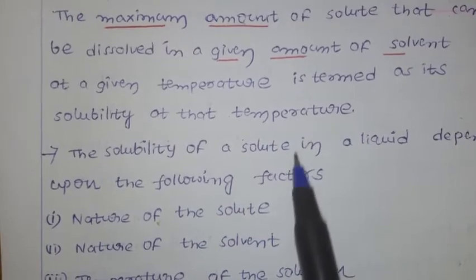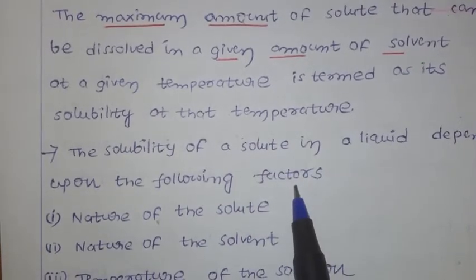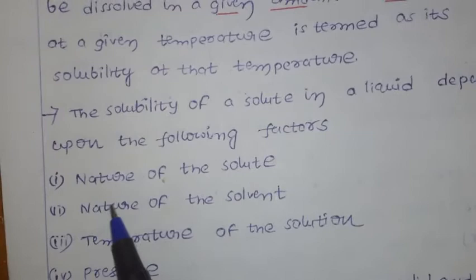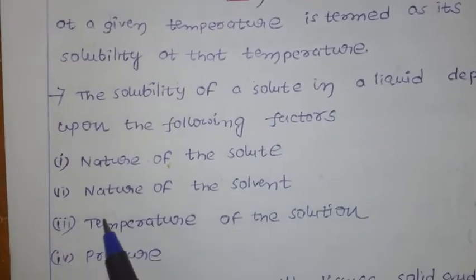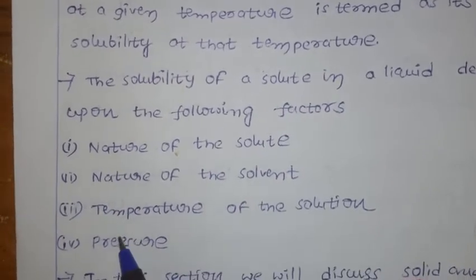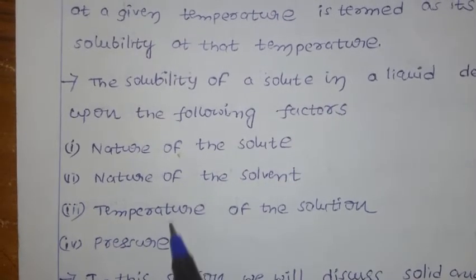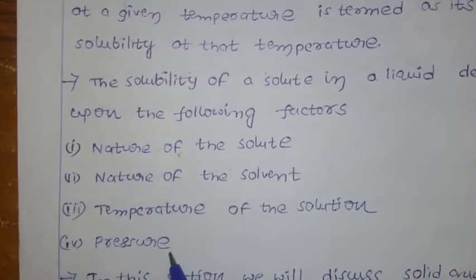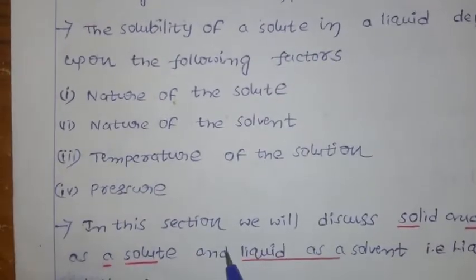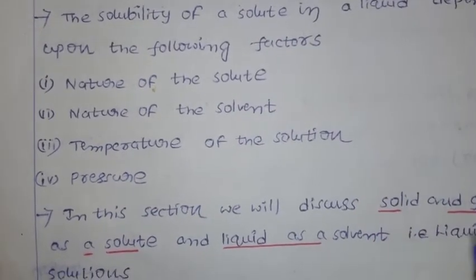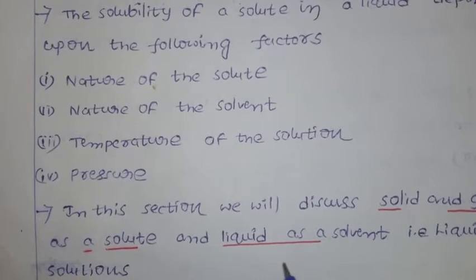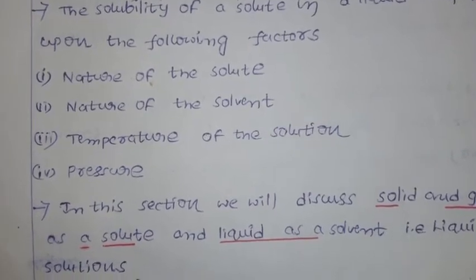Now what are the factors affecting solubility? The first one is the nature of solute, the second is the nature of solvent, the third is the temperature of the solution, and the fourth is pressure. I will discuss how these affect it one by one. Next, in this section we will discuss solid and gas as a solute and liquid as a solvent, that is, liquid solution.